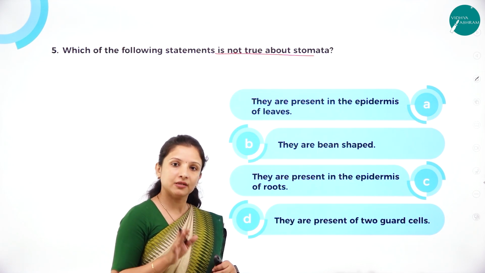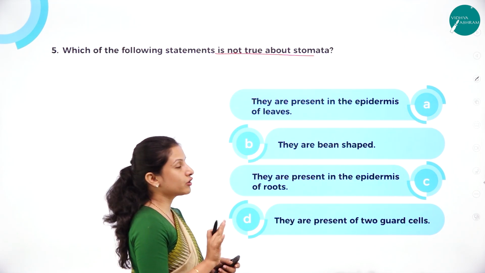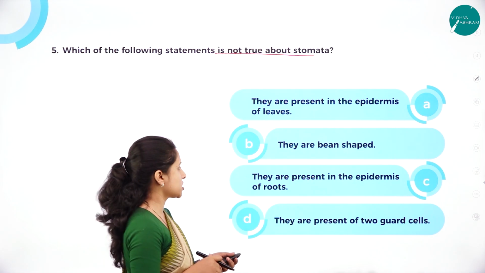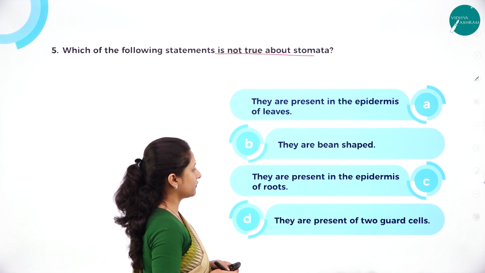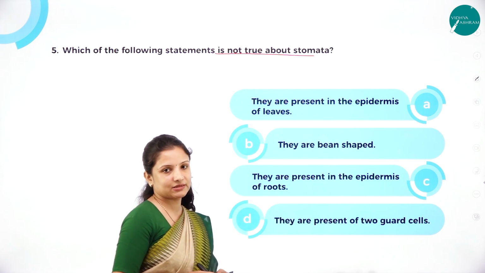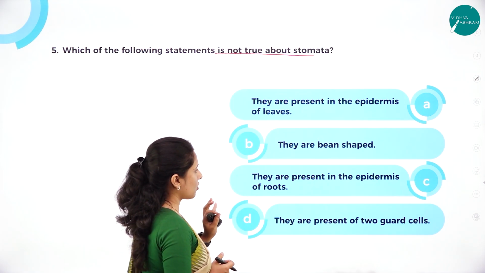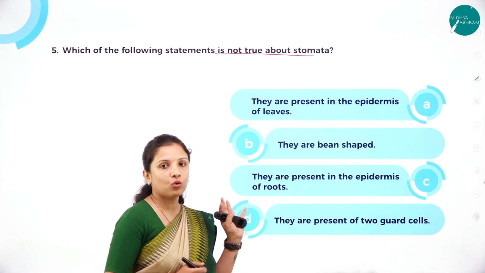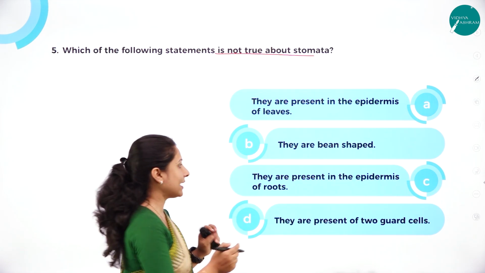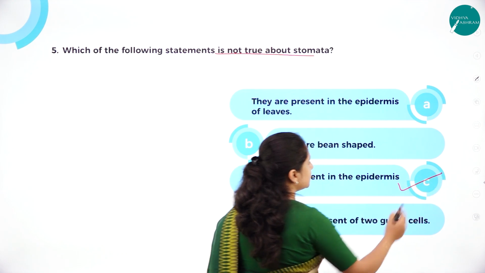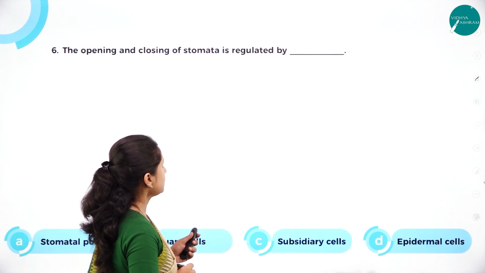They are bean shaped. Yes, stomata are bean shaped because they have the guard cells which are bean shaped. They are present in the epidermis of roots. They have two guard cells. That is also true. The statement that is wrong is the one about roots; you don't find stomata in the roots. It is absent in the roots. So option C is the right answer here.